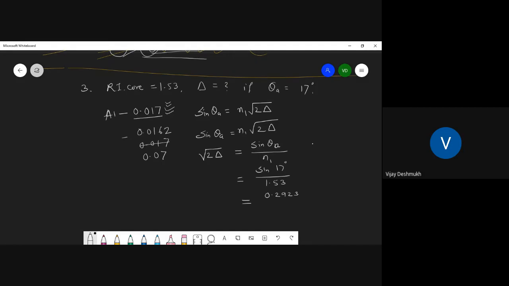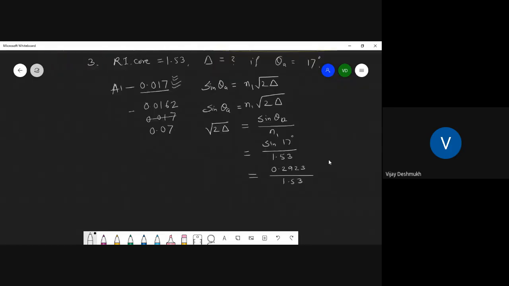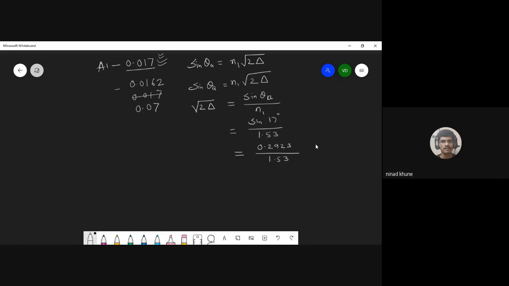0.2923 divided by 1.53. How much is this? 0.189. Okay, so this is square root of 2 delta. Therefore, taking out the square root, we get 2 delta equal to 0.189 square.